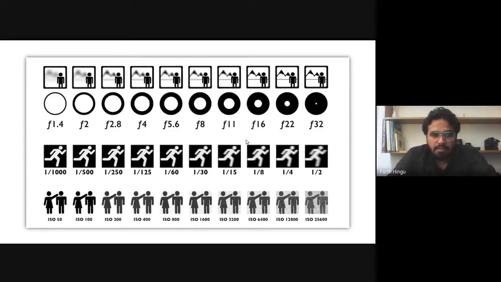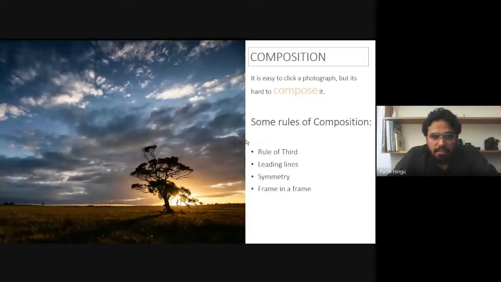You just need to practice each and every day if you are very much interested, or you just need to know the three things. And then comes the composition. When you learn how to compose a photograph, if the photo is not composed, you will not like the photograph.